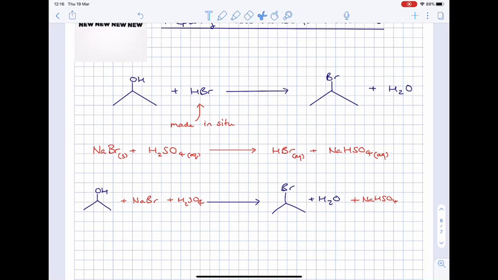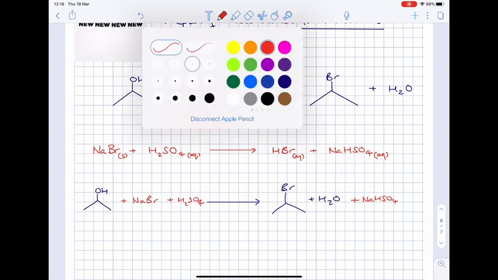And the conditions for this: we mix the alcohol with sodium halide and concentrated sulfuric acid, and we heat it under reflux.